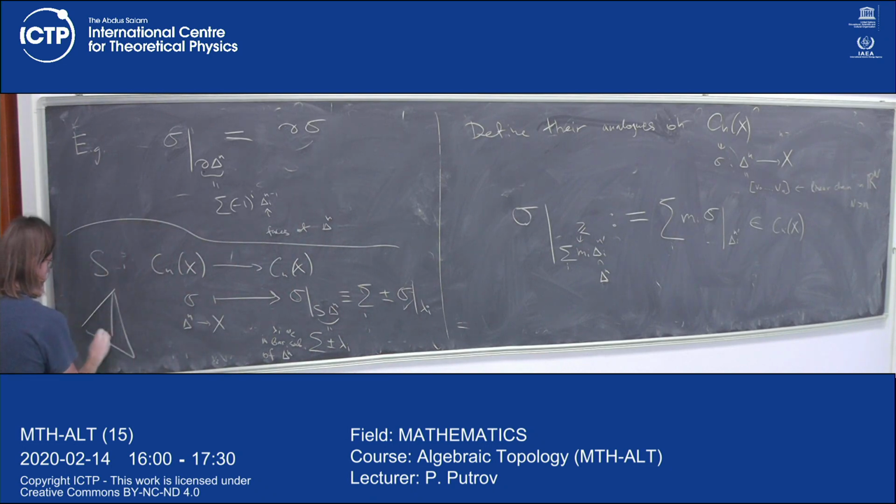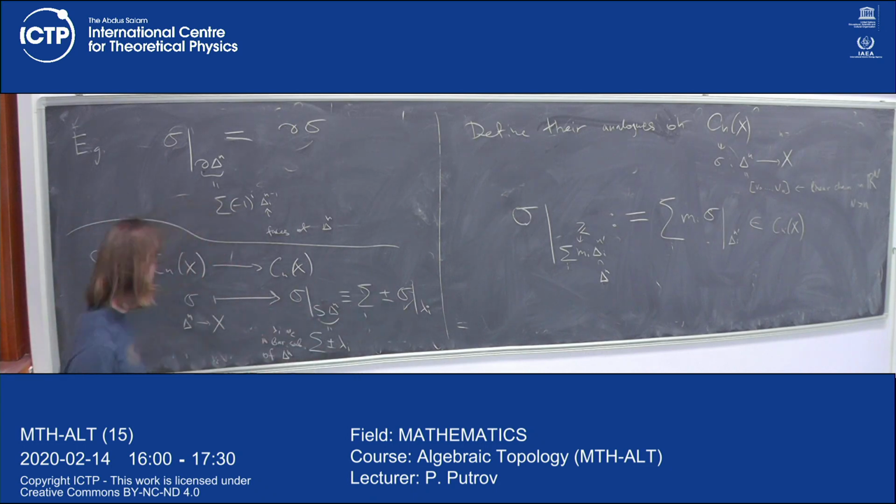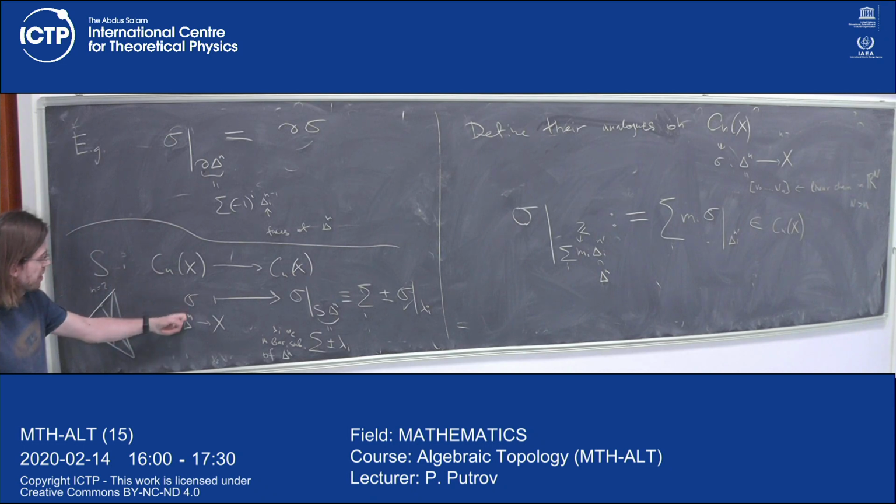For n equals 2, we start with some sort of triangle. You do barycentric subdivision into 6 small triangles, and the result is the restriction of this original σ map to the small triangles with plus minus signs.